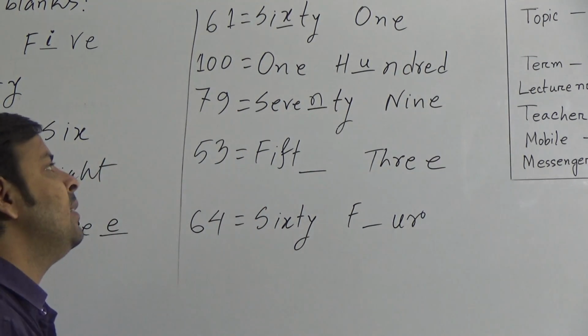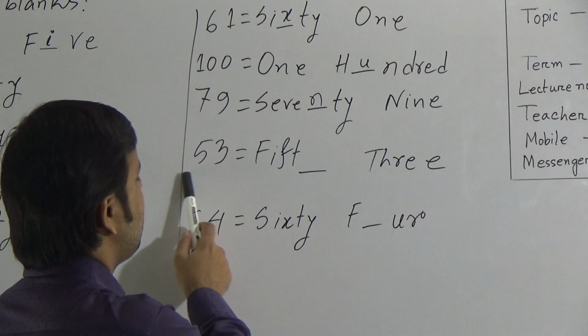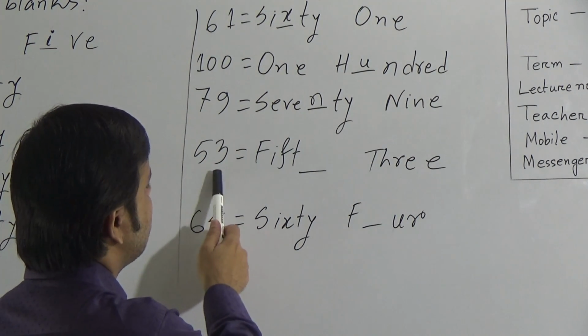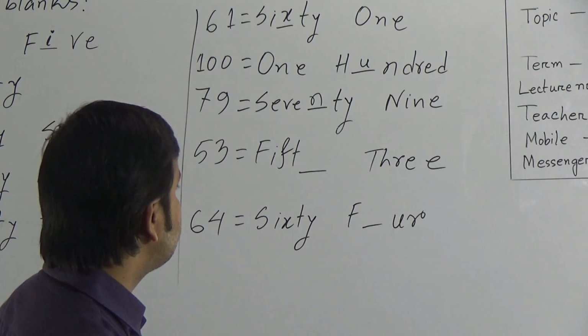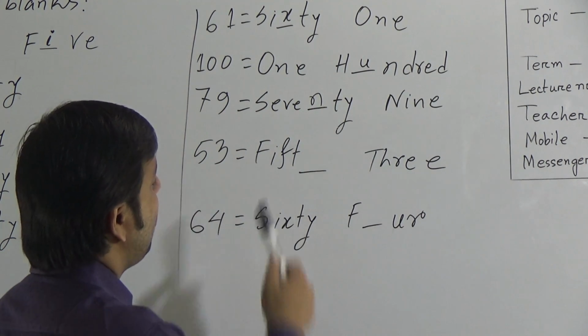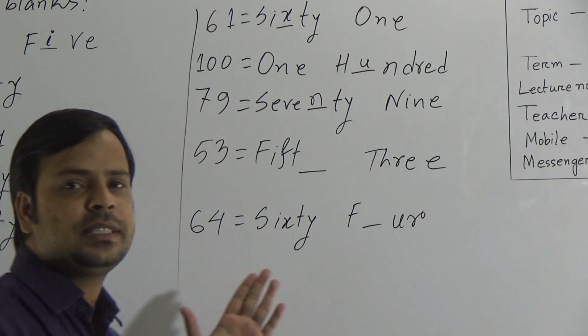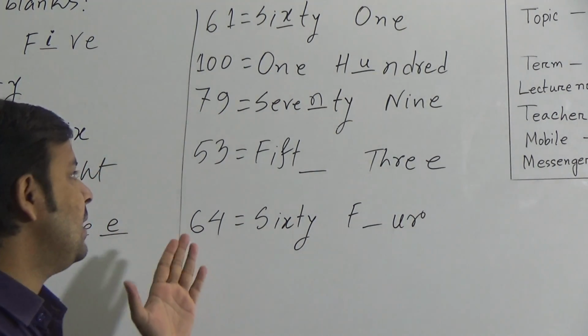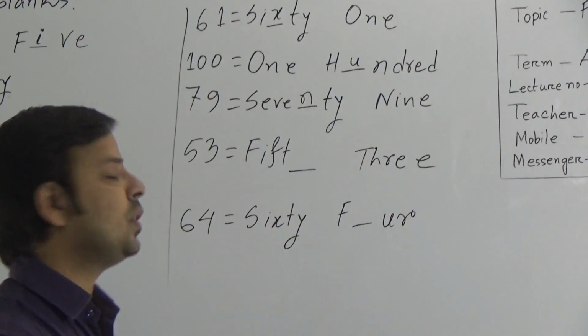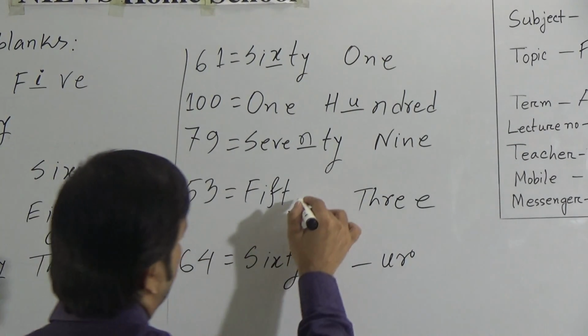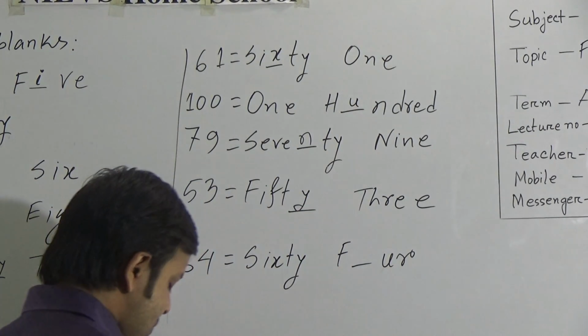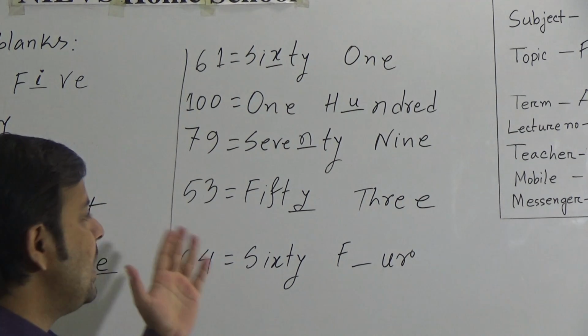We have to put N in the blank. Now the next number is 53. The spelling of 50 is F-I-F-T-Y. So after T we have to write Y. We have to write Y in the blank.